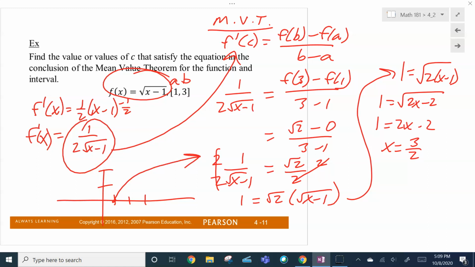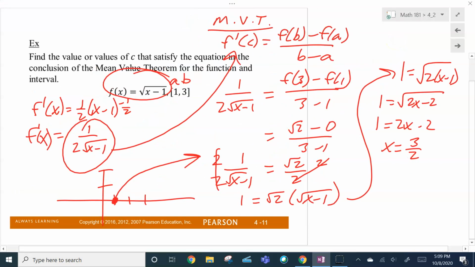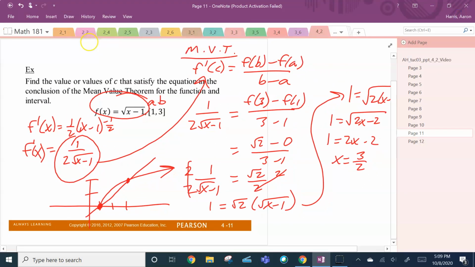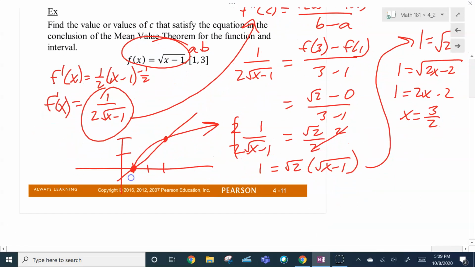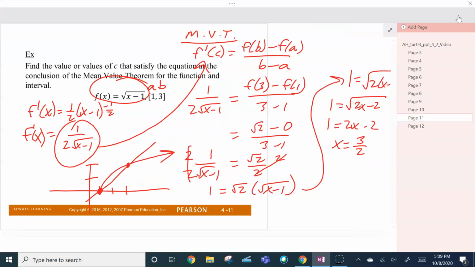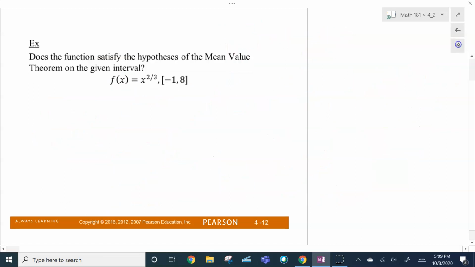From 1 to 3, here's the slope of the secant, and at 3/2, or 1.5, the slope of the tangent is the same there. Okay? For that square root function. Awesome. Mean value theorem.